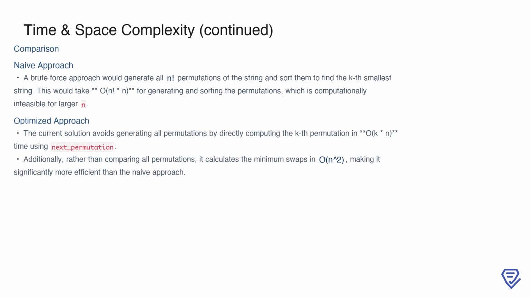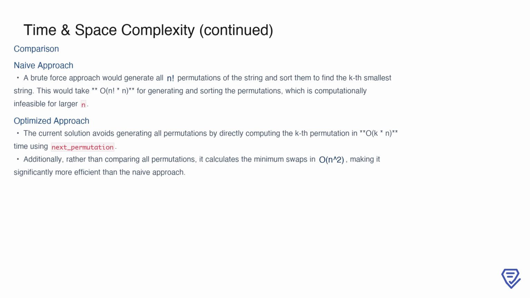To better understand the efficiency of this algorithm, let's compare it to a naive approach. A brute force method would generate all possible n! permutations of the string, sort them, and then find the kth smallest permutation. This would require O(n! * n) time, which is computationally infeasible for larger n due to the factorial growth.